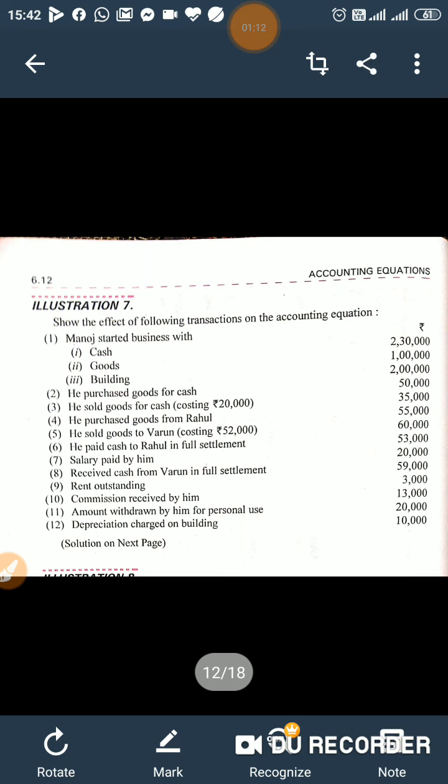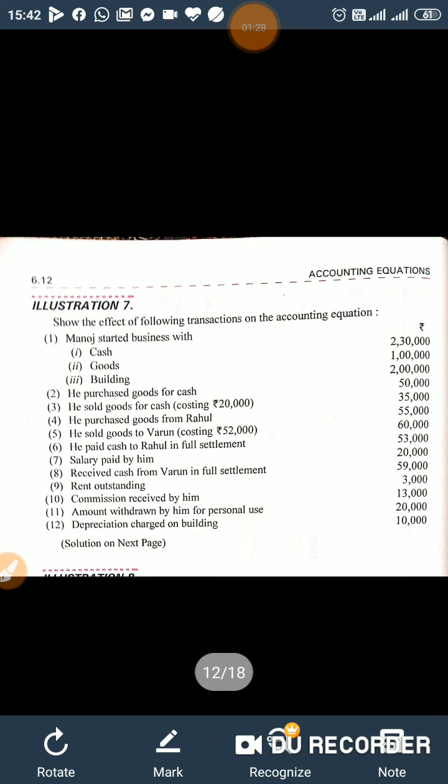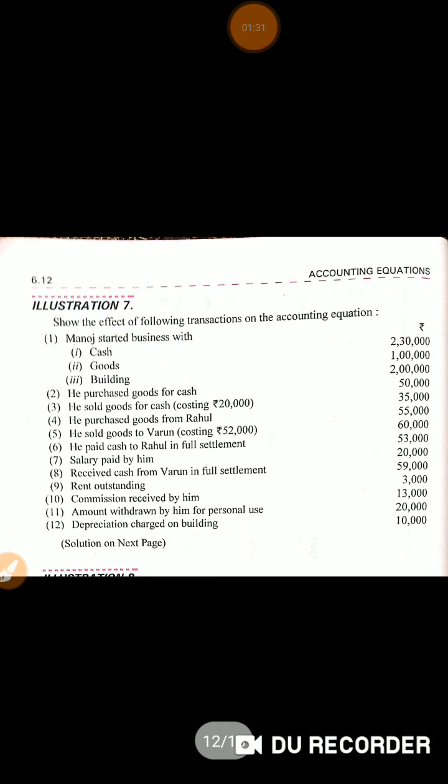In our practical questions, they give you the transactions and ask you to present those transactions in the form of the accounting equation, and also to prepare a balance sheet. So moving forward, I'm going to solve another illustration, which has 12 transactions.